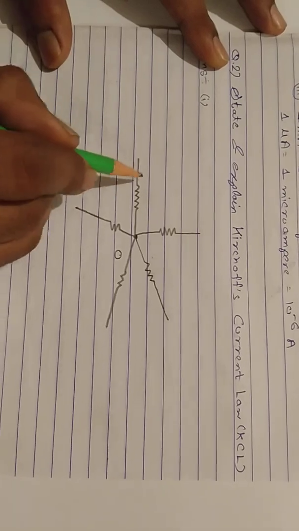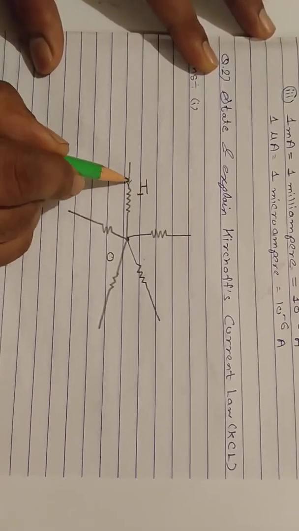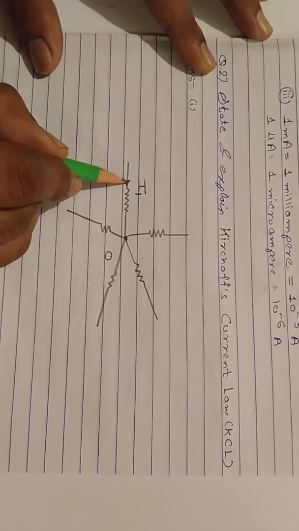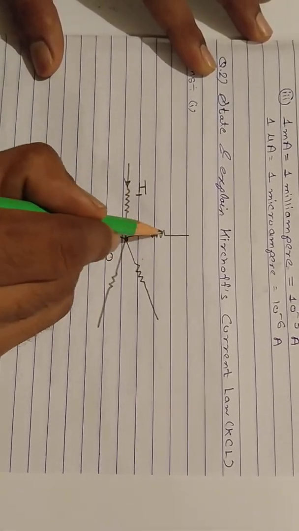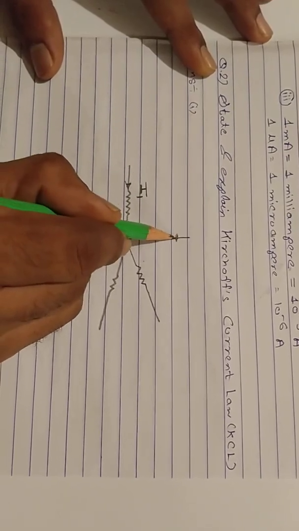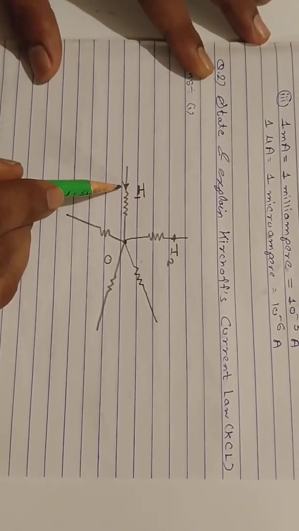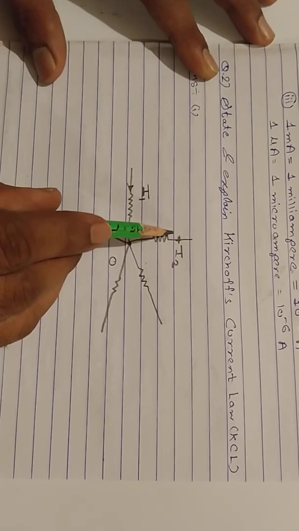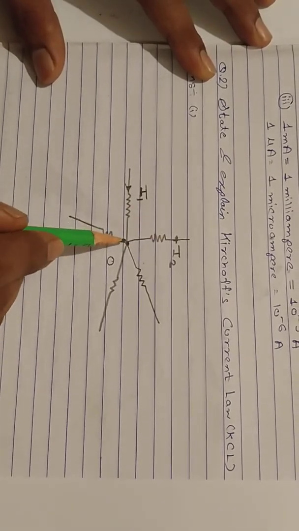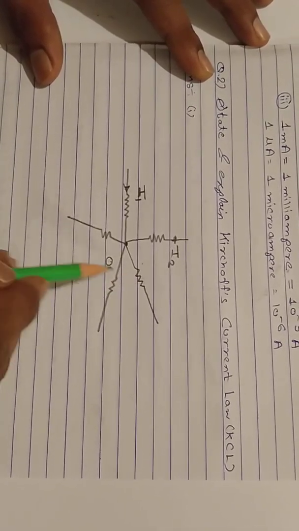Through wire 1, say current I1 is flowing. Through wire 2, say current I2 is flowing. From the arrows we observe that currents I1 and I2 are both flowing towards the junction O. Let us consider the current through the other 3 wires.